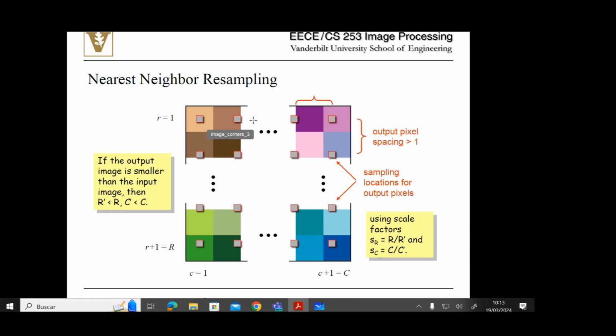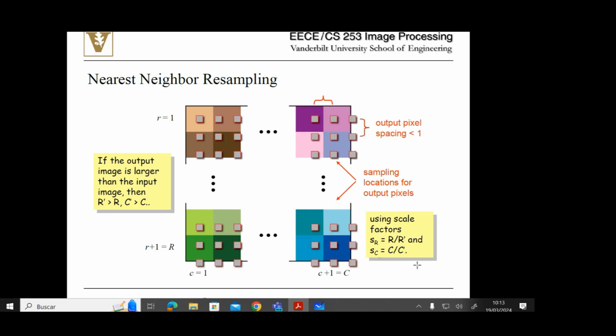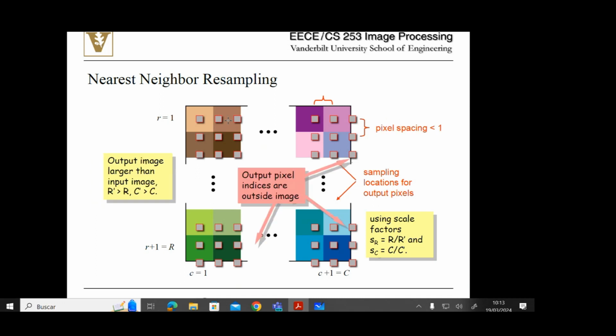Downsampling. We are doing the downsampling by a non-integer factor, that is this one, R divided by R prime, C divided by C prime. And this is the opposite: now we are doing an upsampling. So the pixels in the output are closer than the pixels in the input. And then there are considerations about what happens in the borders and so on.